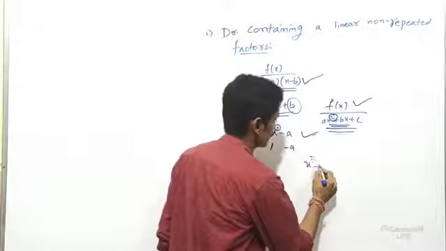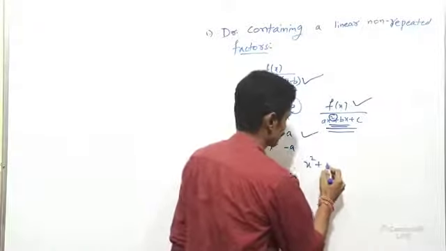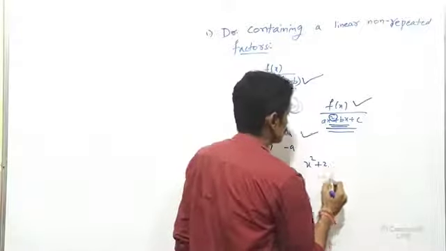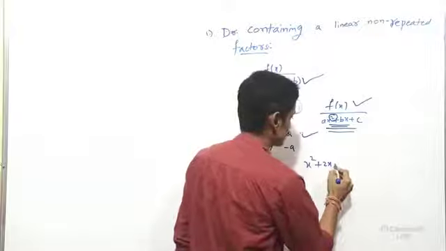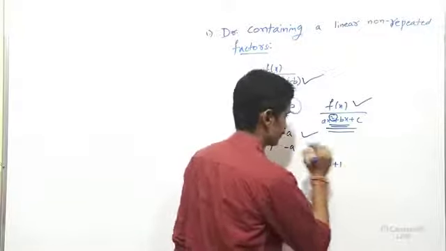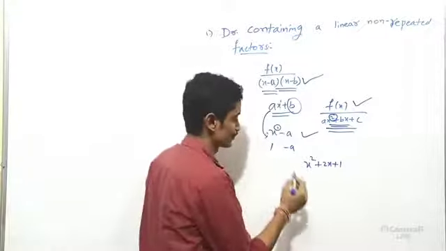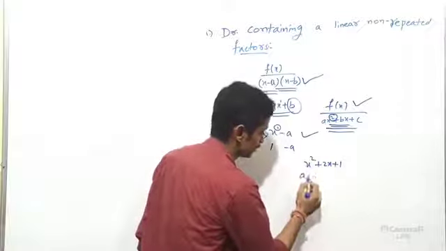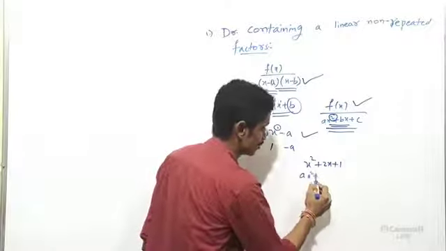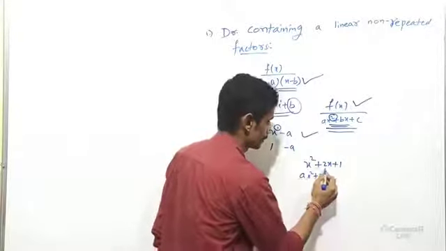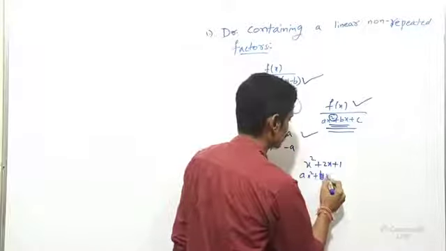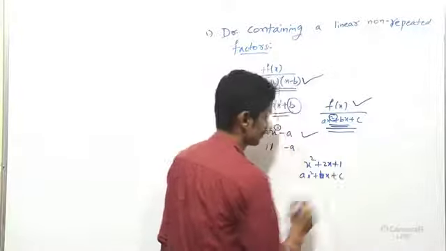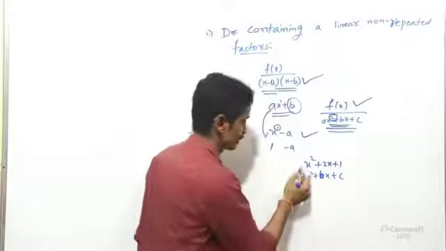x square plus 2x plus 1. How to factorize this one? This looks completely like ax square plus bx plus c form. This is a quadratic polynomial.